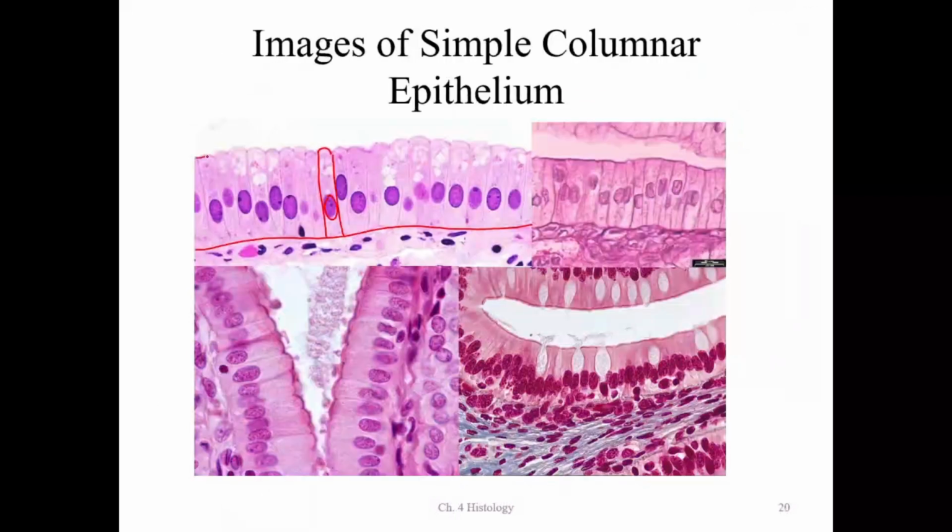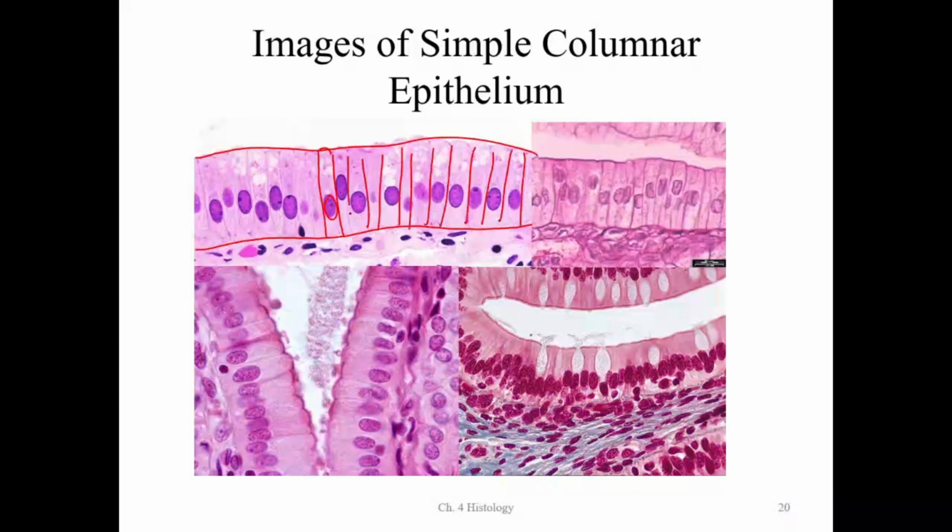Oh, did not mean to switch slides like that. And here's all the cells. Hopefully now it's starting to come in where you can see it, and you're starting to see these characteristics coming in. Same thing right here.